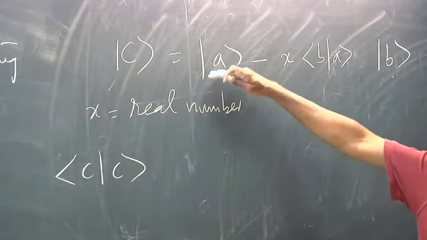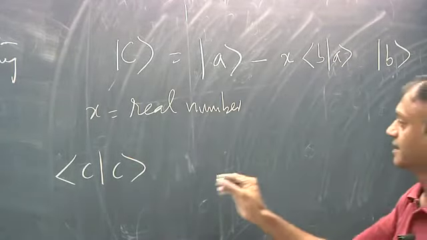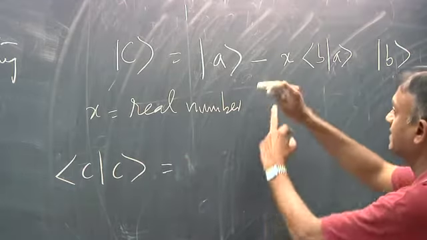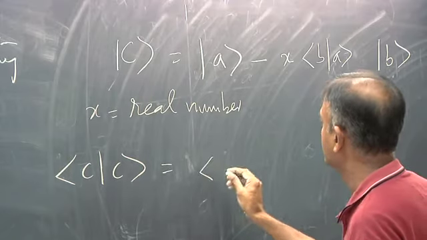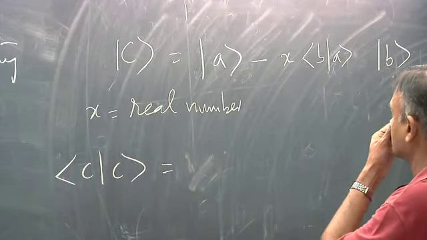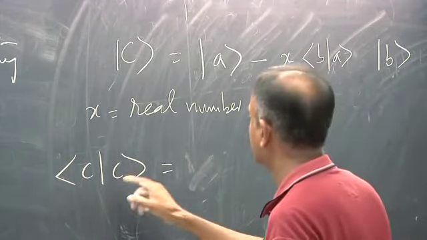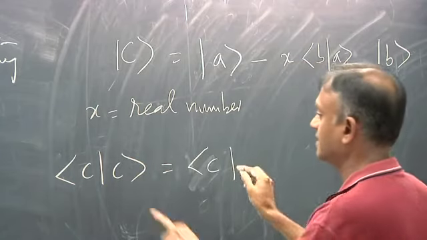C is this, that is the definition of C. So let's just do this. First, let me do it like this: C with C here.